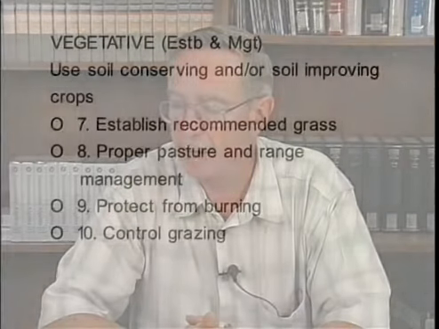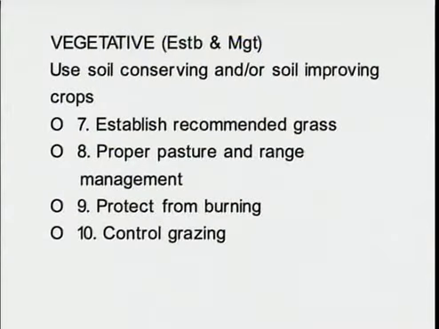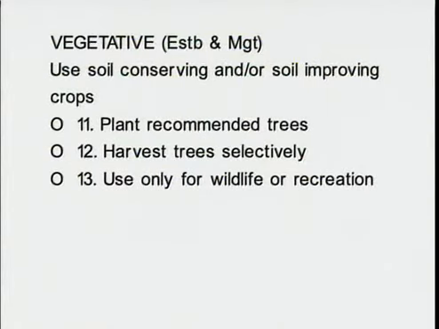Now, if we're looking at vegetative management factors on a non-cultivated site, then the other factors below that, items number 7 through 13, are possibilities that might be utilized. But on cultivated cropland sites, we would only be considering one of the categories 1, 2, 3, or 4, and items 5 and 6. So it's pretty simple.